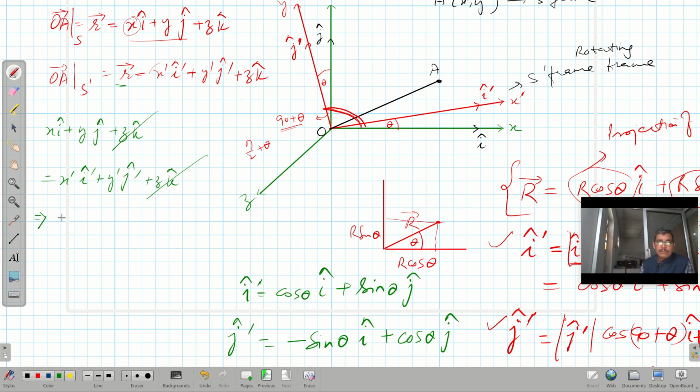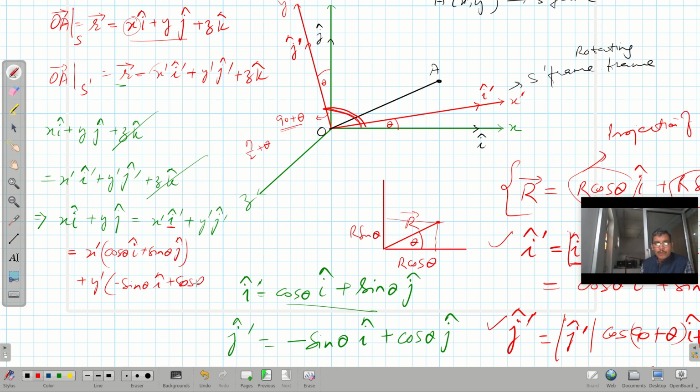So x i cap plus y j cap is equal to x prime i prime cap plus y prime j prime cap, and if I put these values here, we get x prime times cos theta i cap plus sine theta j cap, plus y prime times minus sine theta i cap plus cos theta j cap. That's what I am getting here.